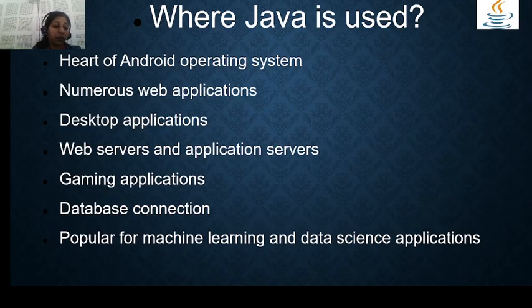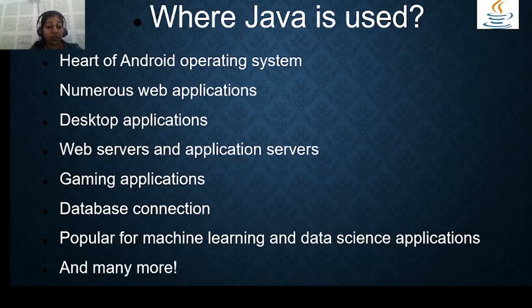It allows us to develop machine learning algorithms for real world business products and applications. With the help of third party libraries, any Java developer can implement machine learning and get into data science applications. And this is not the final list, there are many more.